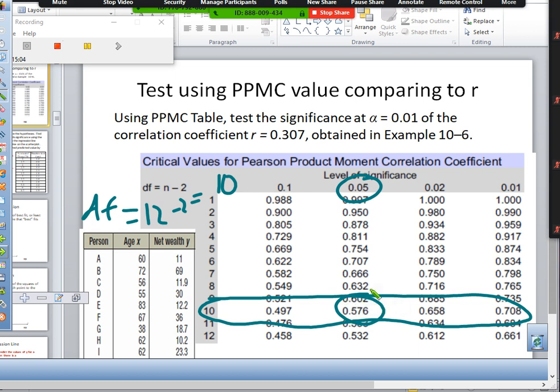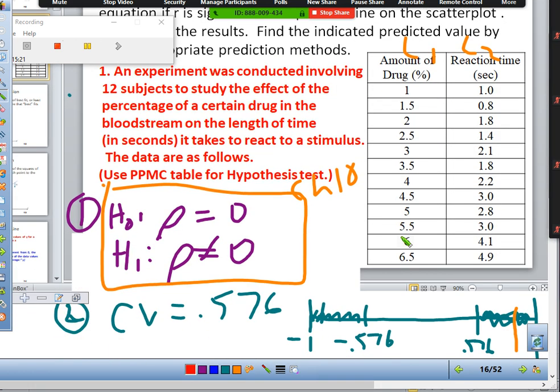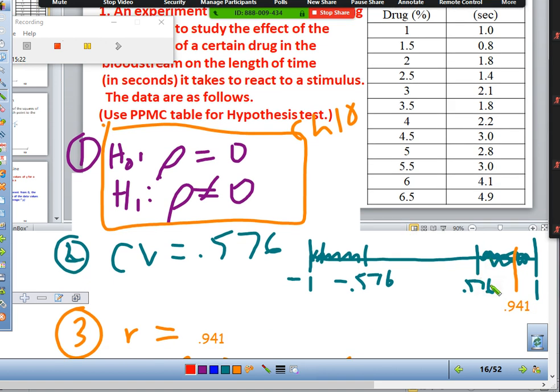That's going to be my critical value. So you're going to make a line and put in 0.576, shade out to the right, and negative 0.576 and shade to the left. Those are the numbers there.